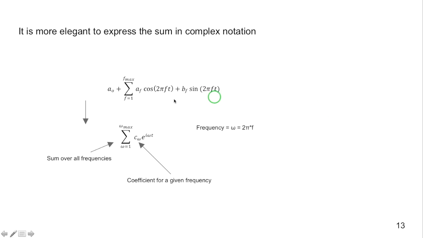So this sum that we've seen a few times now is more elegantly expressed in complex notation. And now we have just a single coefficient at each frequency, and we don't have to worry about the sine and the cosine separately.